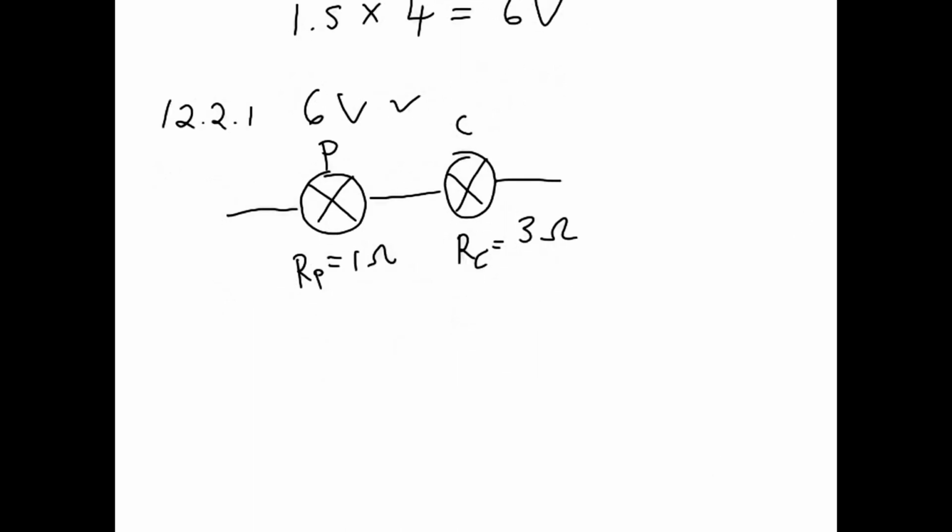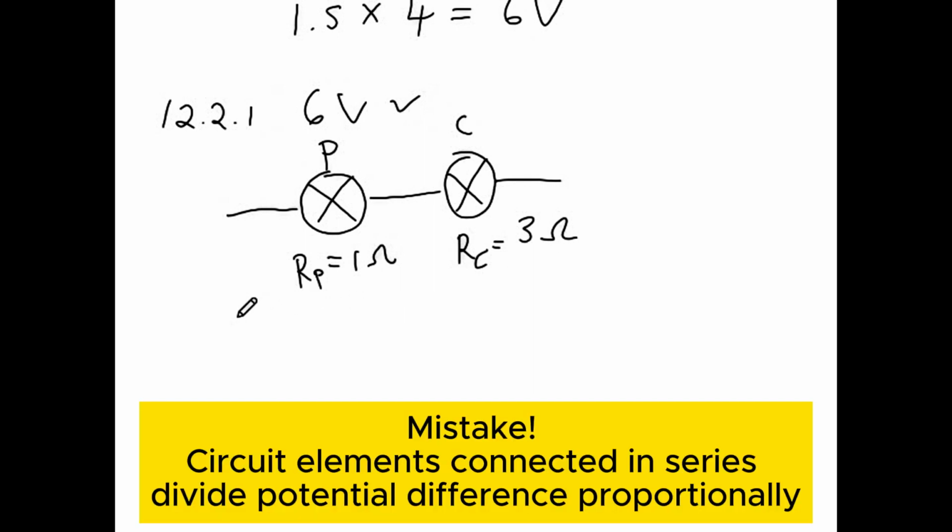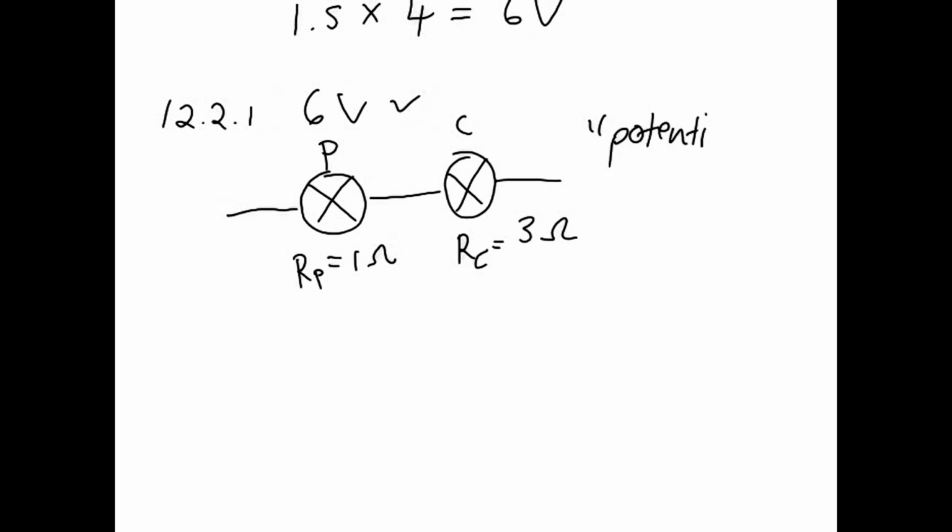The most interesting thing about circuit elements that are connected in series is that they share, or they split, or they divide the total potential difference. So you'll hear maybe in books they are called potential dividers.